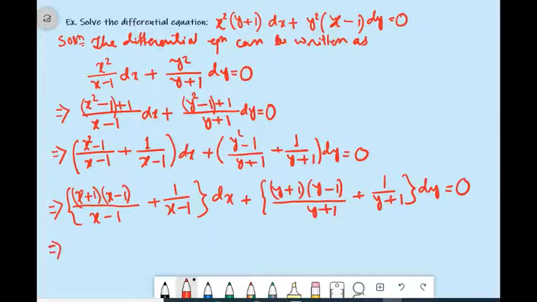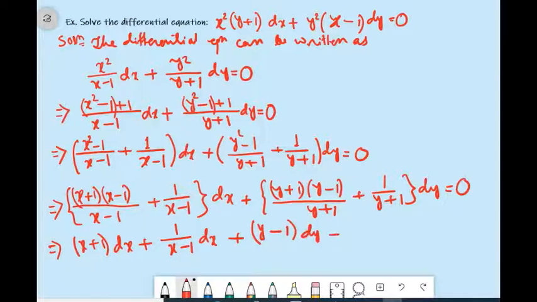Then this x − 1 gets cancelled and x + 1 will remain. So dx also you can write it with this (x + 1) dx plus 1 by (x − 1) dx plus for this term also y + 1 gets cancelled, so it will be (y − 1) dy plus 1 by (y + 1) dy is equal to 0.